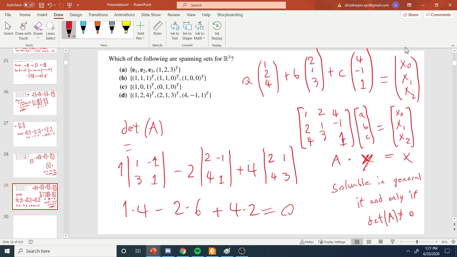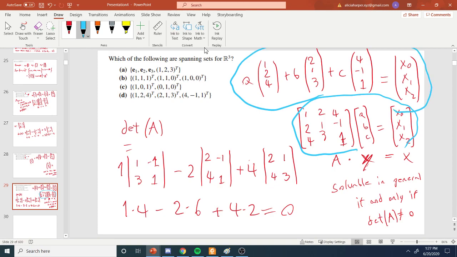Which means that this linear system is not solvable in general. Which means there are vectors with components x0, x1, x2 that cannot be expressed as a linear combination of these 3 vectors. So this is not a spanning set. This is not a spanning set. But this and this are.